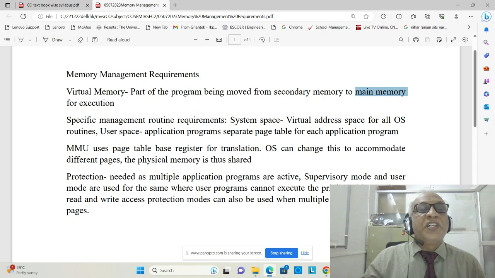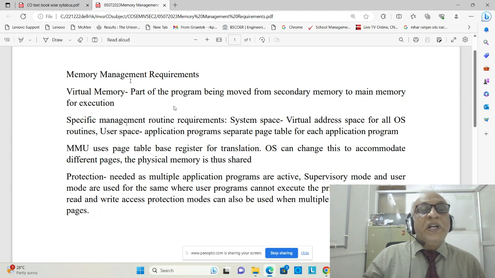And the concept says the entire program will not be brought into the main memory. It means part of the program will be brought from secondary memory to main memory for execution. Which part? At the current instant, whatever active part of the program needs to be executed, that will be brought.